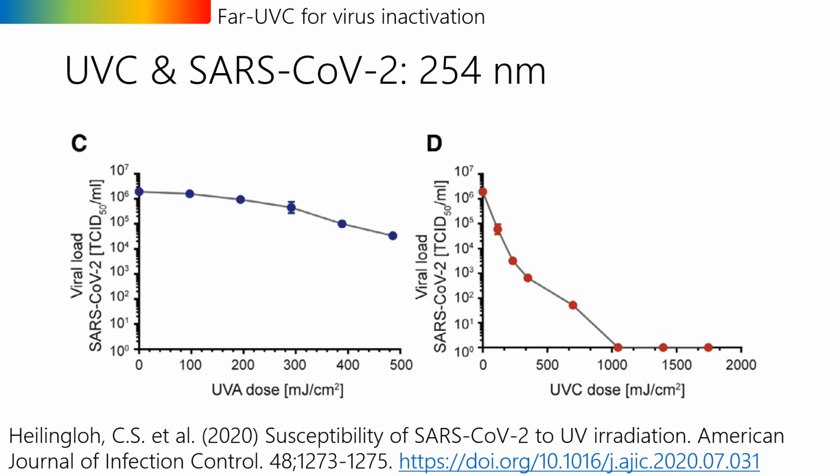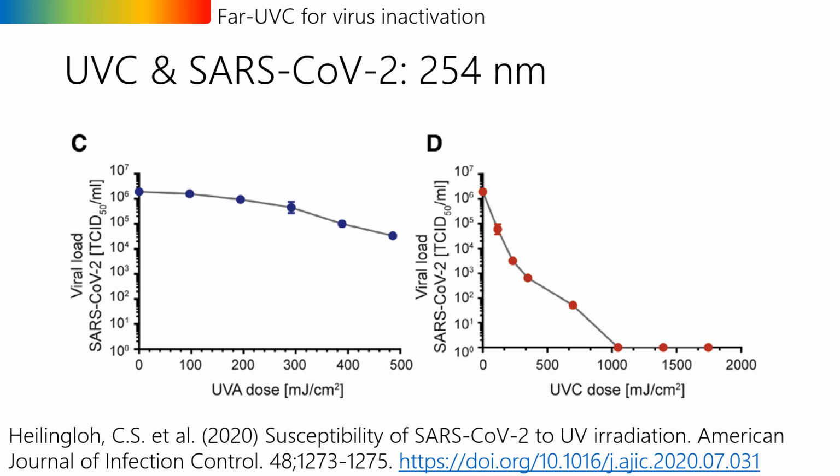In the past few months, there have been studies demonstrating that UVC is effective against the SARS-CoV-2 virus, which of course is the virus responsible for the current COVID-19 pandemic. In this study by Healing Low, they irradiated the SARS-CoV-2 virus, which had been isolated from a nasal swab of a patient suffering from COVID-19.